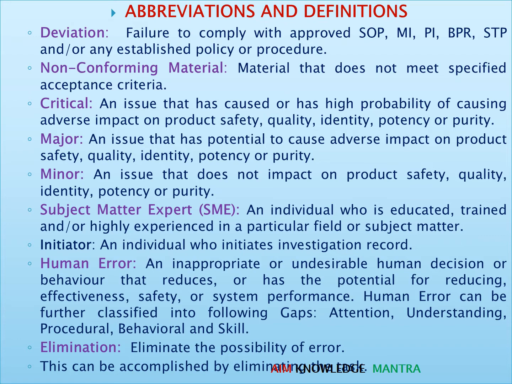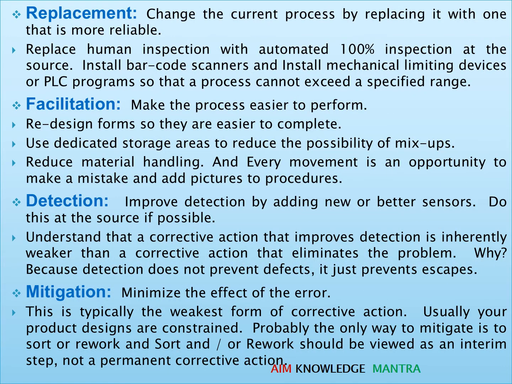This can be accomplished by eliminating the task. Replacement, change the current process by replacing it with one that is more reliable. Replace human inspection with automated 100% inspection at the source. Install barcode scanners and install mechanical limiting devices or PLC programs so that a process cannot exceed a specified range.